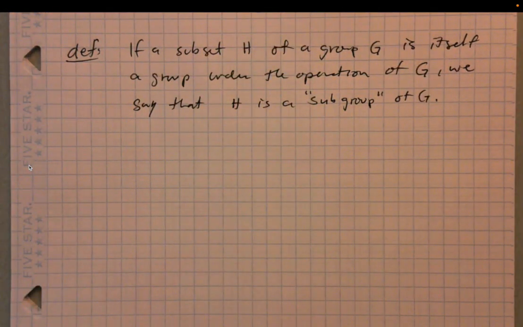So if you've got a group G and you can identify some subset of G which is itself a group, then you have yourself a subgroup.